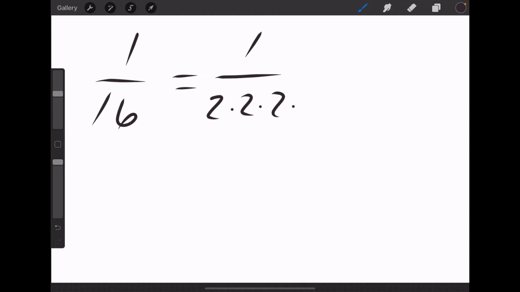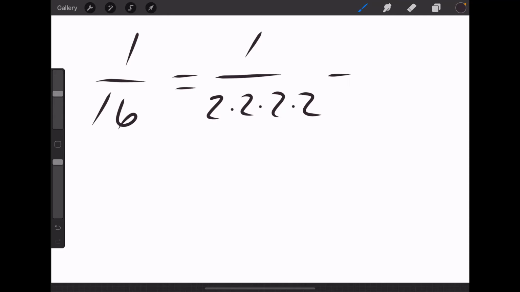Let's take a look at another one. In this case, we're going to be rewriting this expression without a fraction bar. So to start, it is 1/16. And I'm first going to write this as the product of prime factors. So it's going to be equal to 1 over 2 times 2 times 2 times 2. 2 times 2 is 4, 4 times 2 is 8, 8 times 2 is 16.